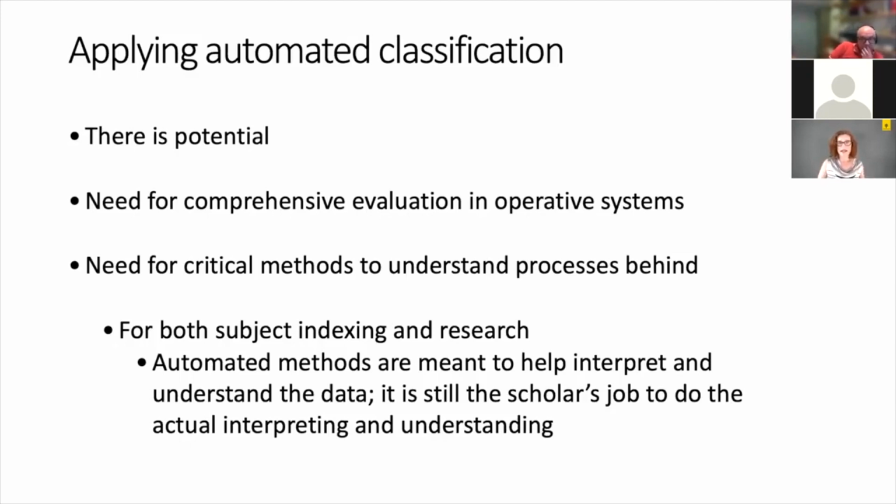Because as much as we said that subject indexing needs to be only semi-automated rather than fully automated, all things considered, similarly, when it comes to research, when we do information literacy or data literacy education for our users, it's important to emphasize that automated methods are meant to help interpret and understand the data. But it's still the scholar's job to do the actual interpreting and understanding.